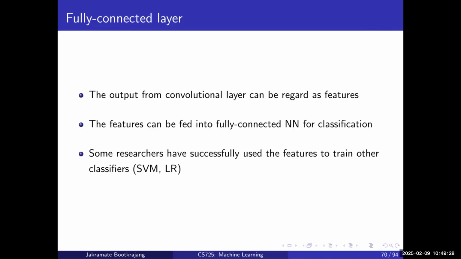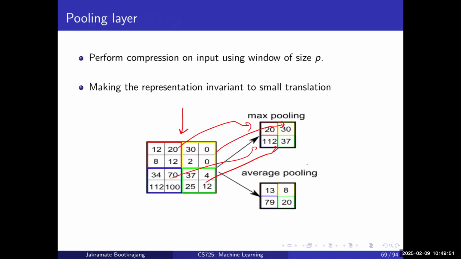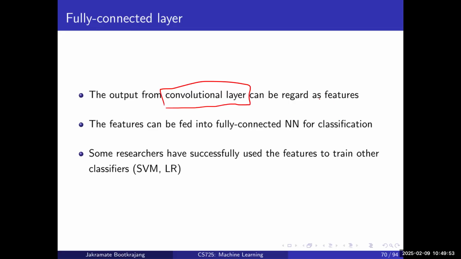And then at the end, we have the fully connected layer, the same layer that we had before. This layer is for classification. The output from the convolutional layer, after the pooling, after everything, you can think of as a feature.